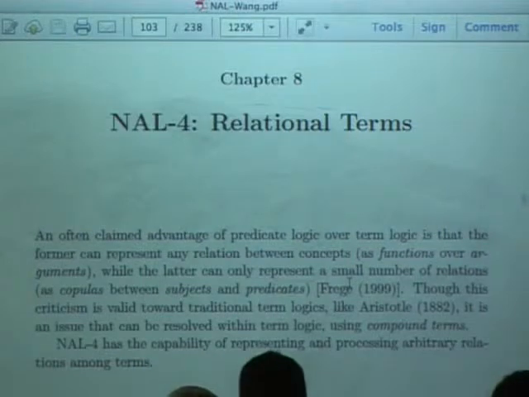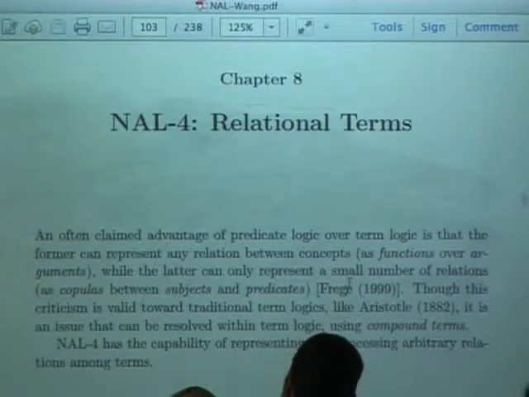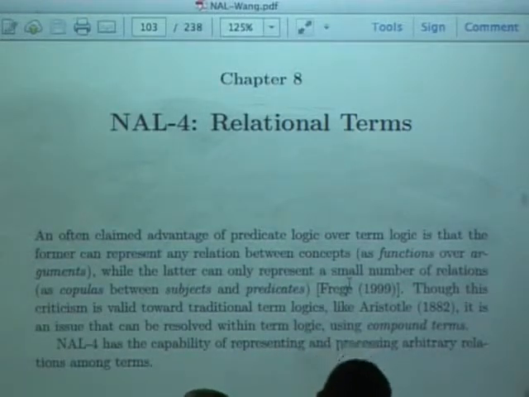What I call the relational terms. This one, actually, is one of the simplest layers, even though it relates to several important traditional problems. I said at the very beginning, my NAL system, and also the IL system within it as a special case, both belong to the term logic tradition.